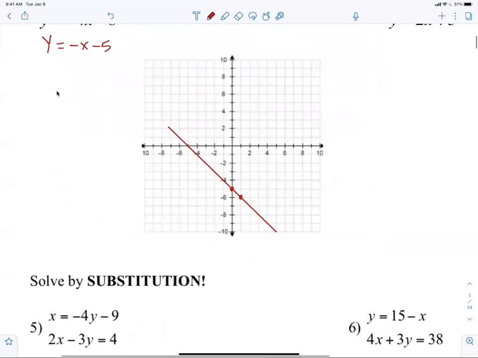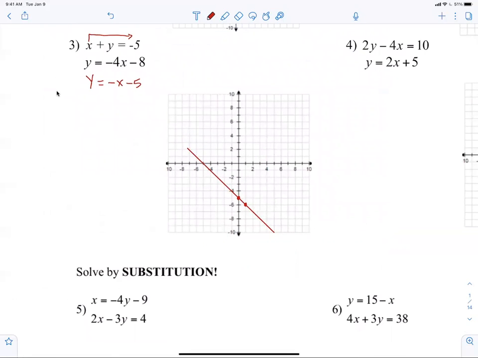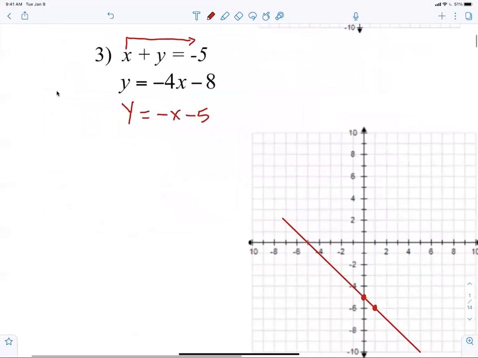Now I'm graphing Y equals negative 4X minus 8. Why wouldn't you put the negative on the other side? Are you looking at this problem right here? Do you understand Y equals MX plus B?